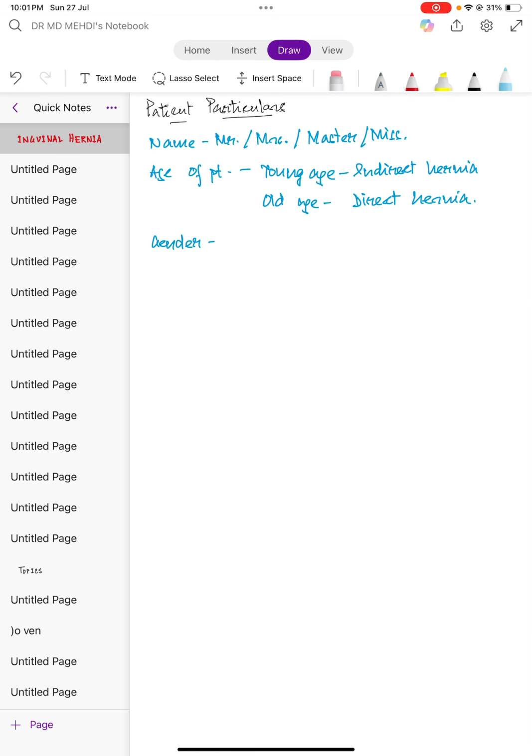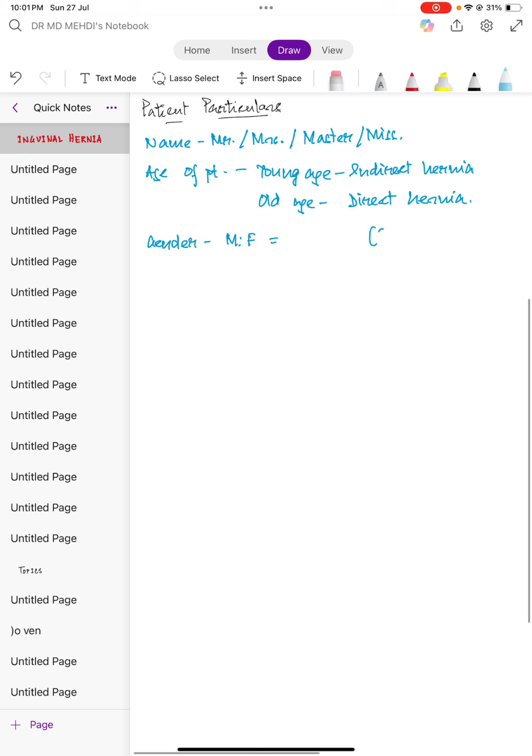Why is gender important? Because the male to female ratio for inguinal hernia is 10:1. Same, it is 1:10 for femoral hernia.